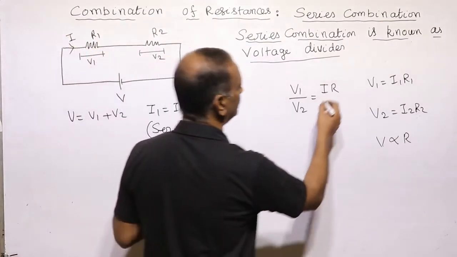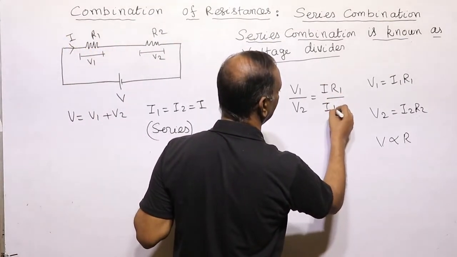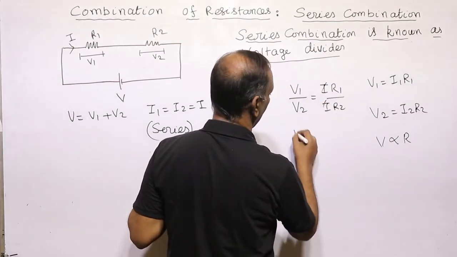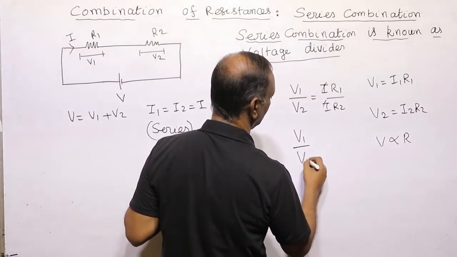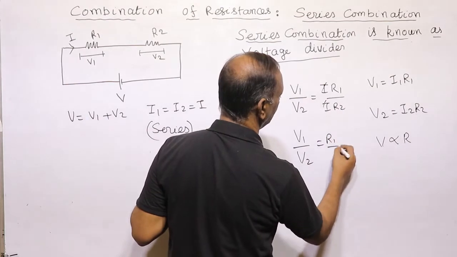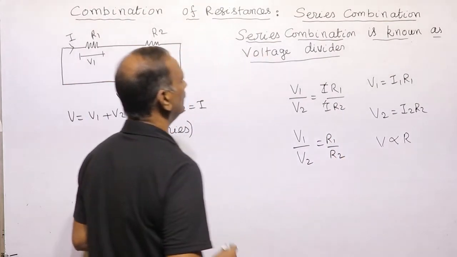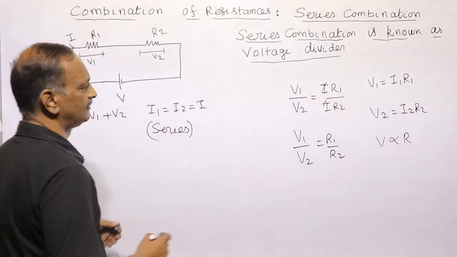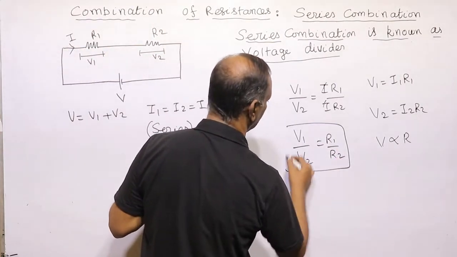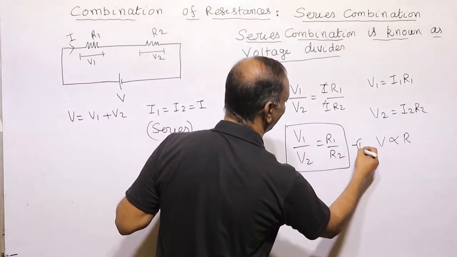So V1 by V2 is equal to I R1 by I R2, which is R1 by R2. We will keep this as equation number 1.